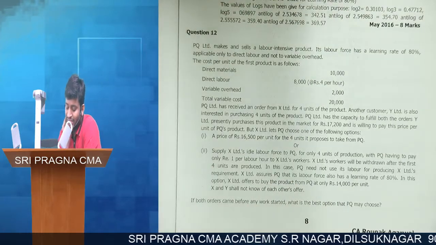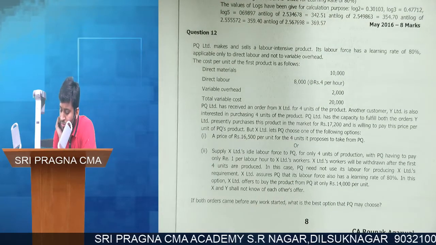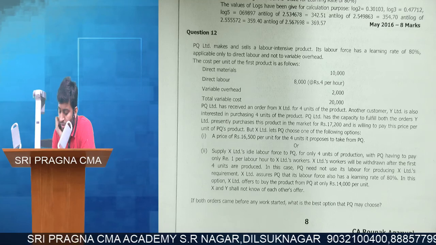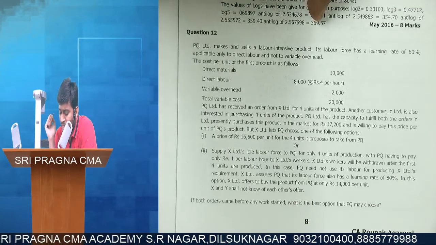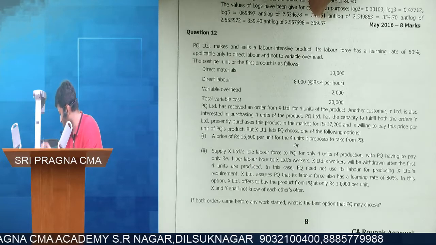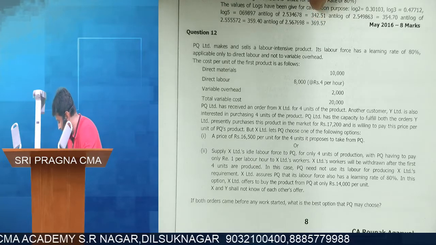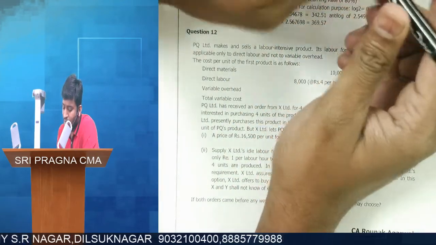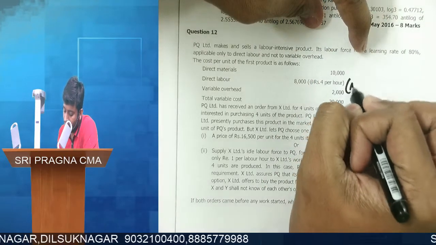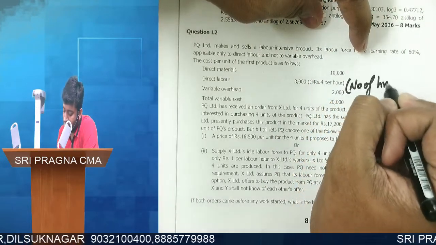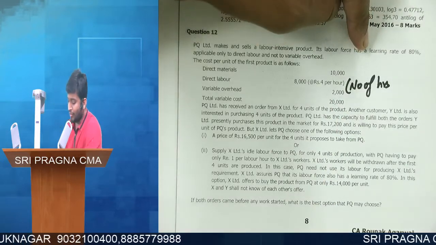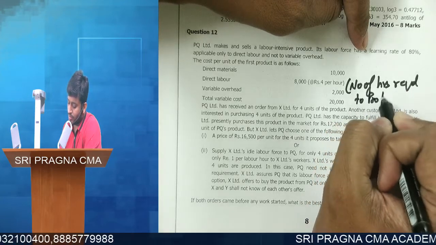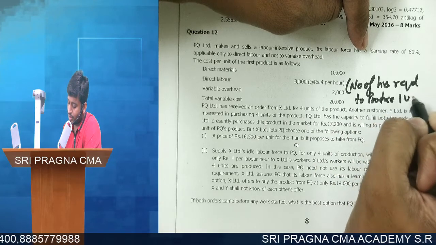PQ Limited makes and sells a labor-intensive product. Its labor force has a learning curve of 80%, applicable only to direct labor and not to variable overhead. The cost per unit for the first product is as follows. Direct material 10,000, direct labor 8,000, in brackets the number of hours required to produce one unit, 2000.